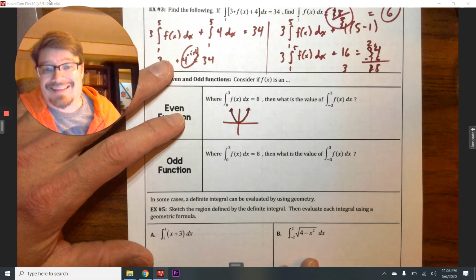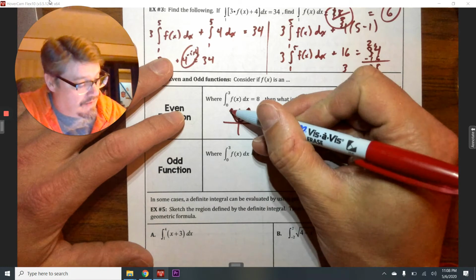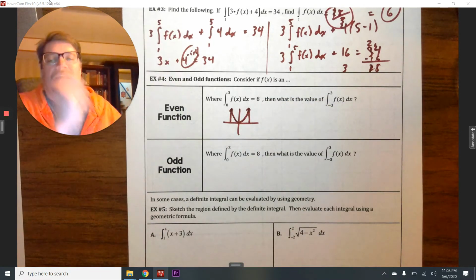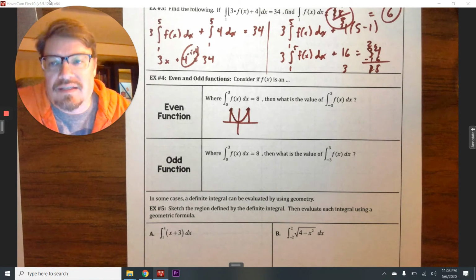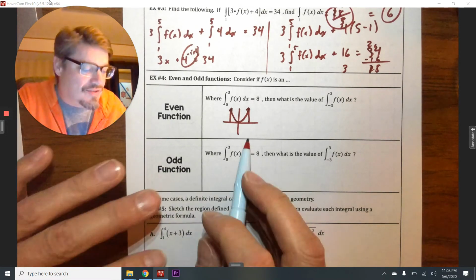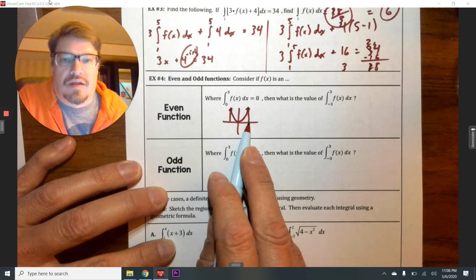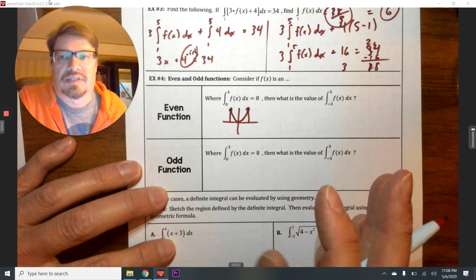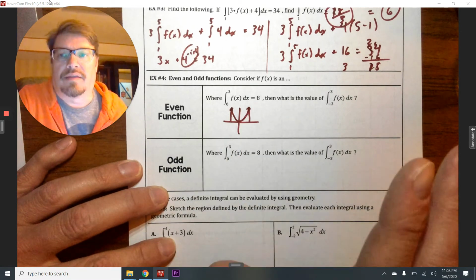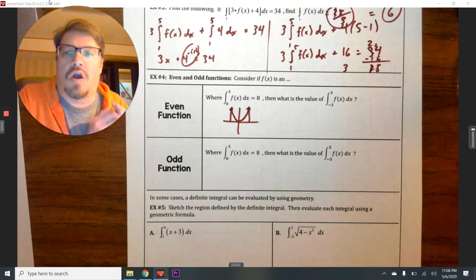symmetric to the y-axis. If I wanted this total area, can you see that I really have two identical areas? I can just do from here to here and multiply by 2. Sometimes functions are hard enough to integrate.